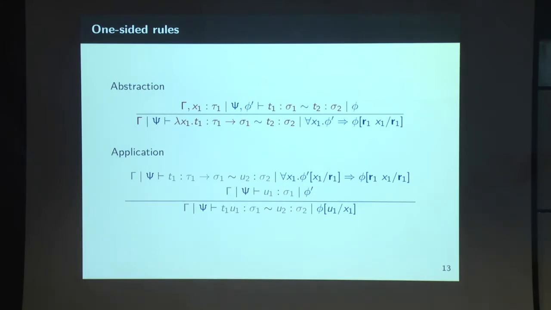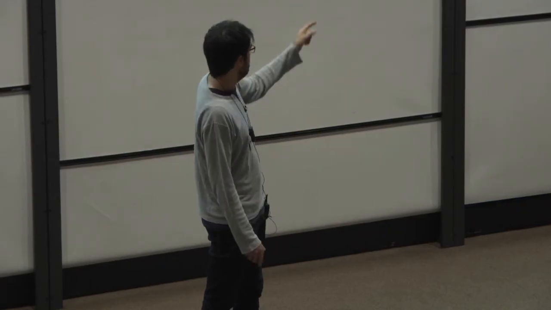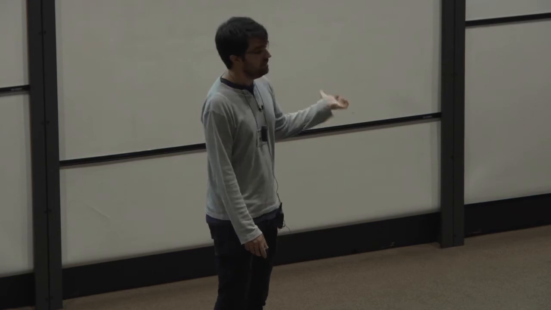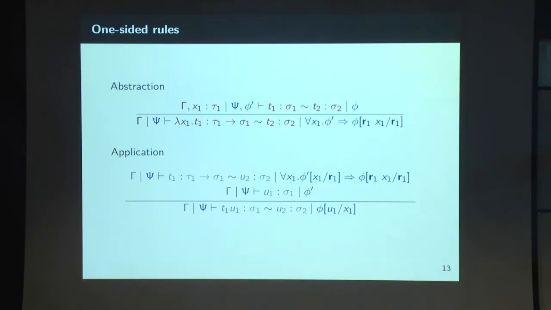And then the post condition is that U2 is going to be related to the application of T1 to its argument by phi. And then we prove that the argument indeed satisfies this precondition, and then the application is going to satisfy the post condition. Right? And then we put, again, these two parts together, and we have the application rule.